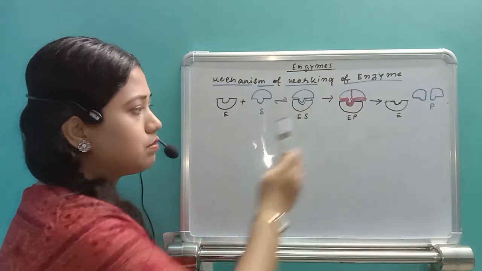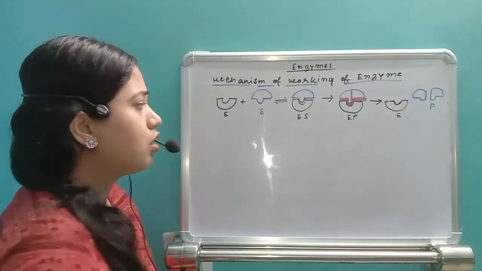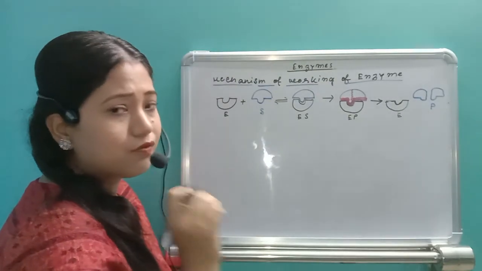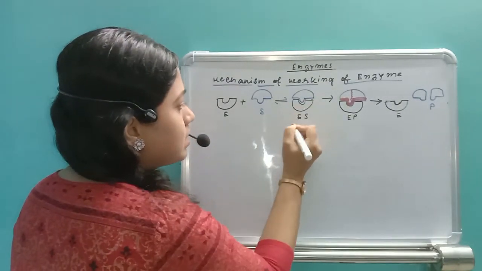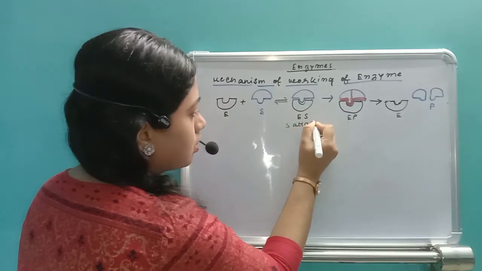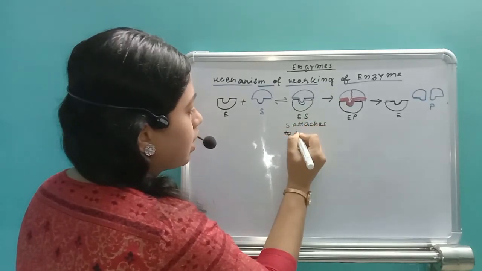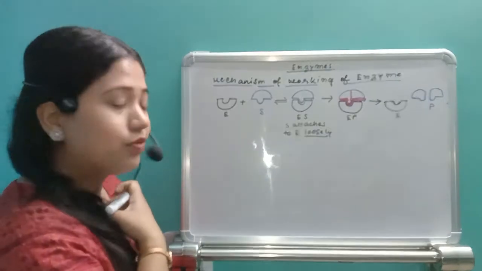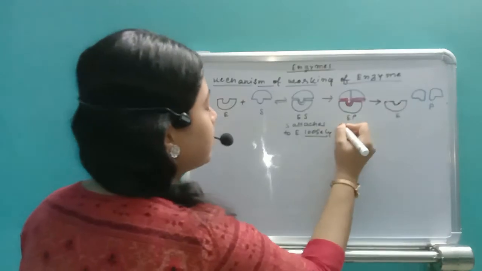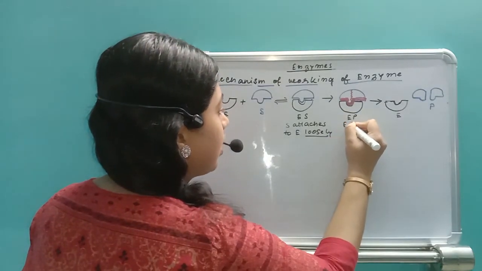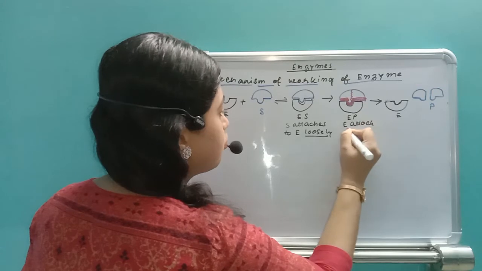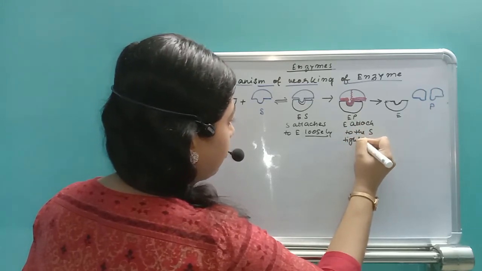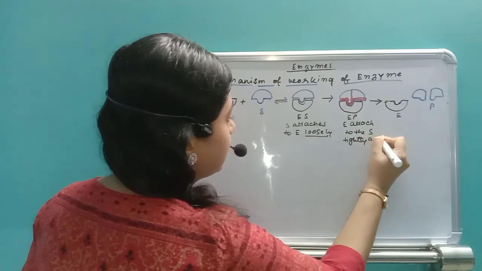In this state, when the enzyme substrate complex has been formed, the substrate attaches to the enzyme loosely. Then after that, what will happen next? The enzyme attaches to the substrate tightly, and changes the chemical structure.